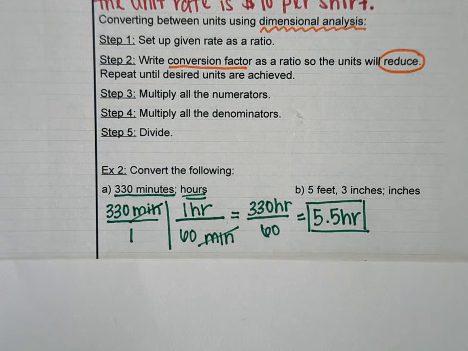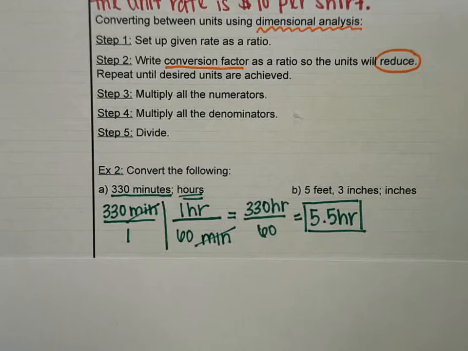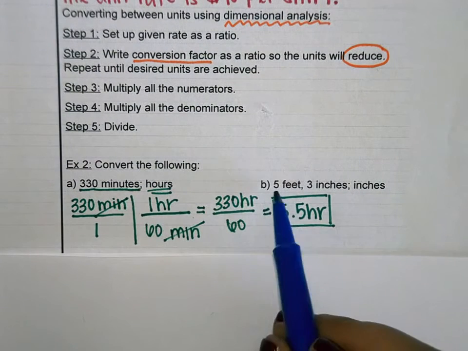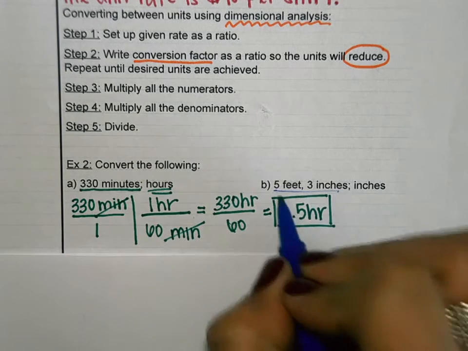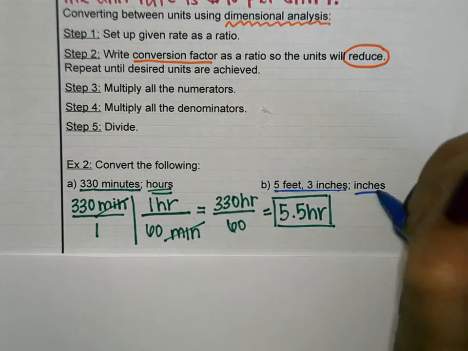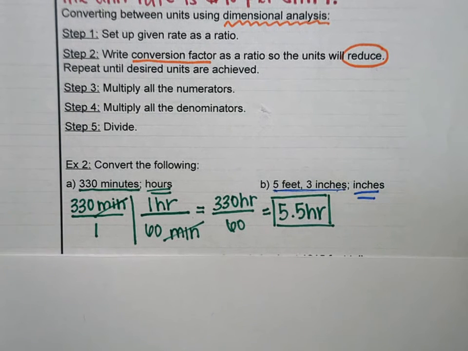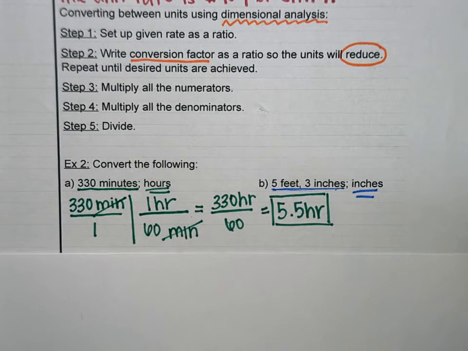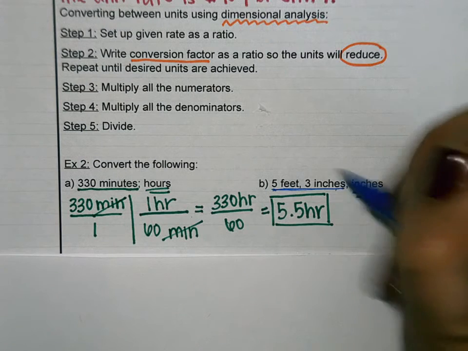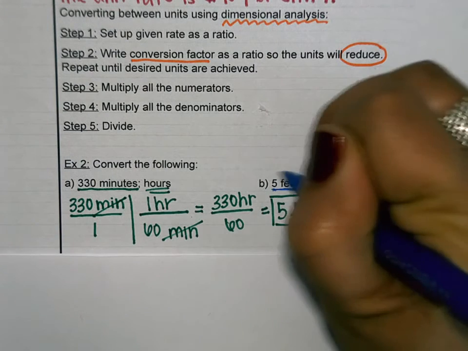So let's do the next one together again, and we'll keep all the steps up. I have 5 feet 3 inches in part B, and I want to convert it to just inches. Because my 3 inches is already in inches, all I'm going to convert is the 5 feet.